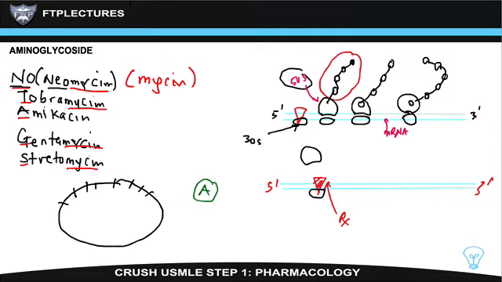In order for these drugs to get into this bacterial cell, they need oxygen. So we're going to use oxygen, O2, and attach it to it. It's an oxygen-dependent movement to transport this aminoglycoside, like tobramycin, amikacin, streptomycin, or neomycin, inside the cell.